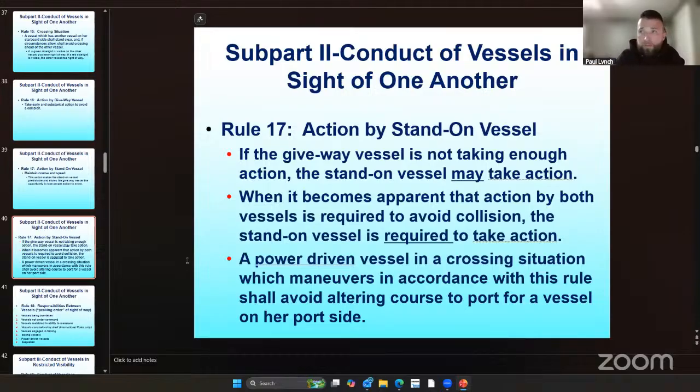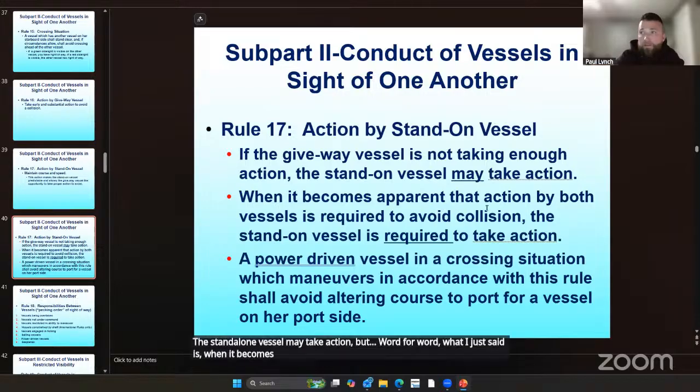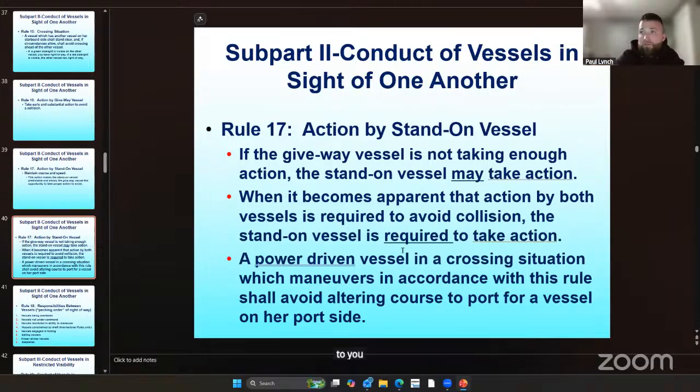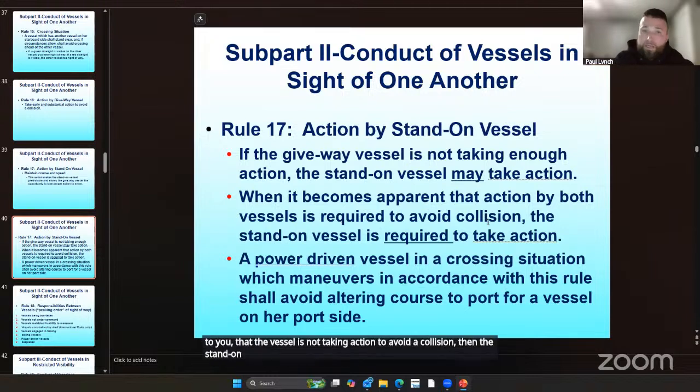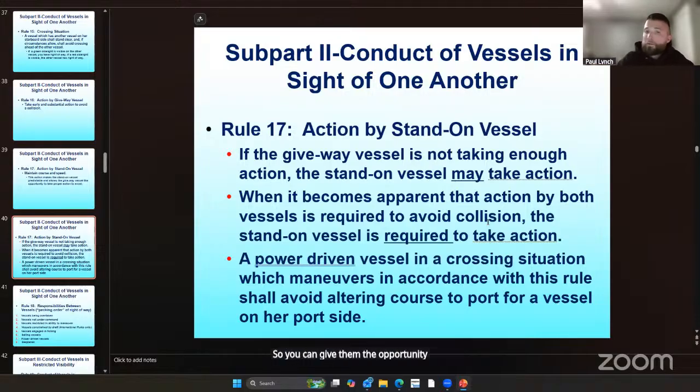Like I mentioned, if the give-way vessel is not taking enough action, the stand-on vessel may take action. Word for word, what I just said is, when it becomes apparent to you that the vessel is not taking action to avoid a collision, then the stand-on vessel must take action to avoid collision. So you can give them the opportunity to get out of the way.